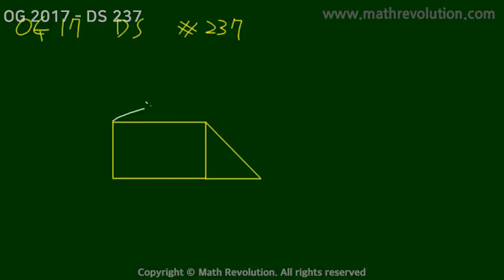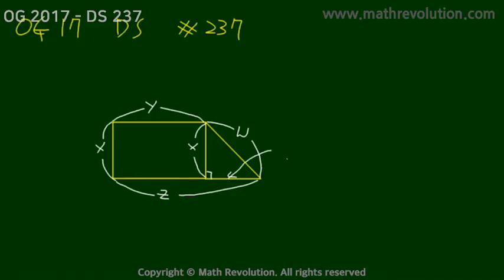Here we have Y, this side is Y, and then the height is X, and this diagonal is W, and the bottom here is Z. Now we also know that this will equal X. Then the length of this side, according to the Pythagorean theorem, will be equal to the square root of W squared minus X squared. So how many variables do we have? We have three variables, X, Y, and W, as you can see.